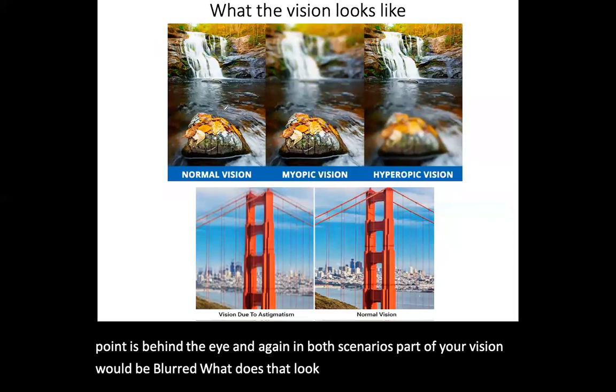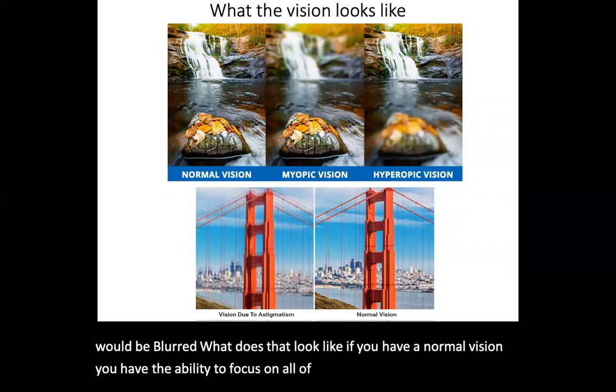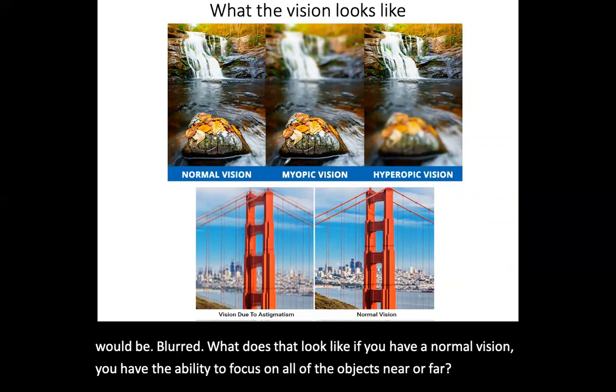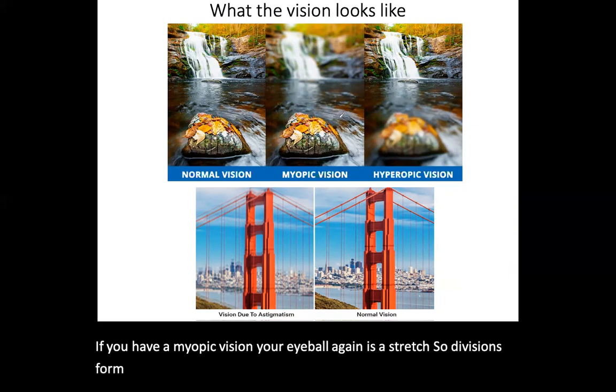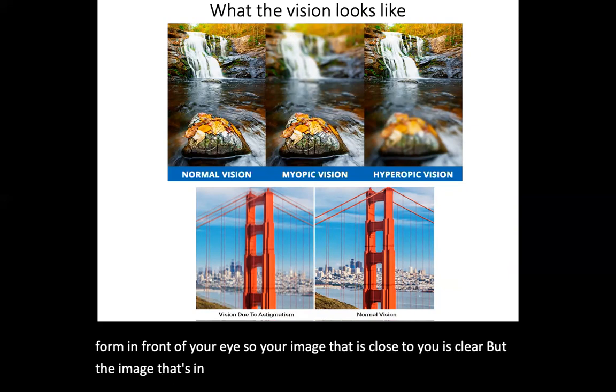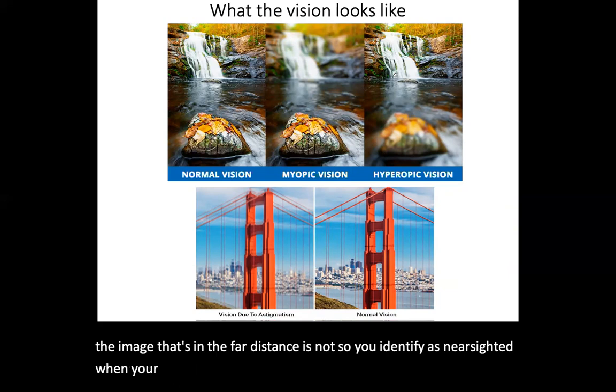If you have normal vision, you have the ability to focus on all of the objects near and far. If you have myopic vision, your eyeball, again, is stretched, so the image is formed in front of your eye. So your image that is close to you is clear, but the image that's in the far distance is not. So you identify as nearsighted. When you're hyperopic, your eyeball is too short.